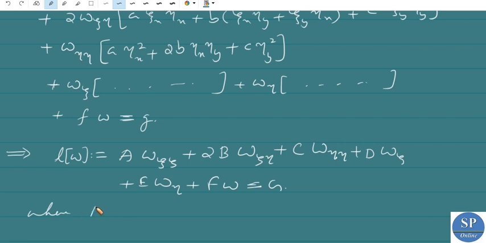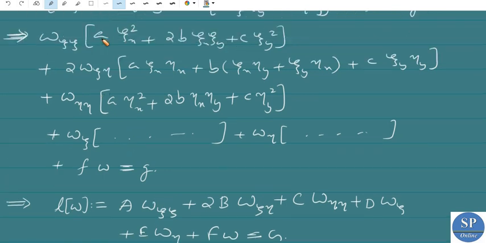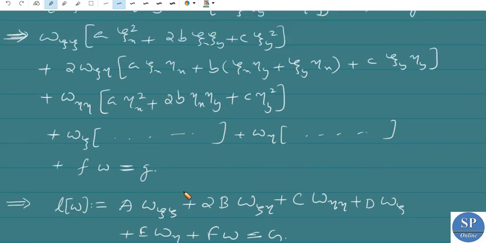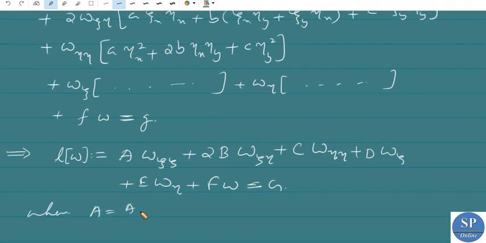Now here, A is equal to the first coefficient, the coefficient of w_ζζ, that is a into ζ_x square plus 2b ζ_x ζ_y plus c into ζ_y square.